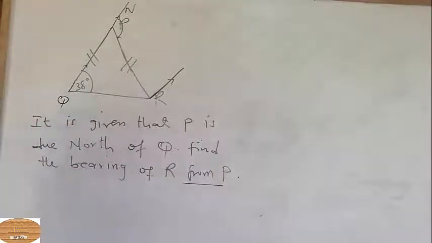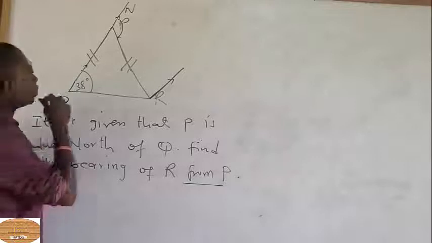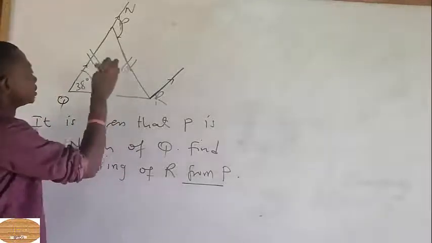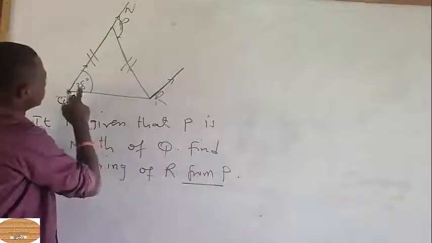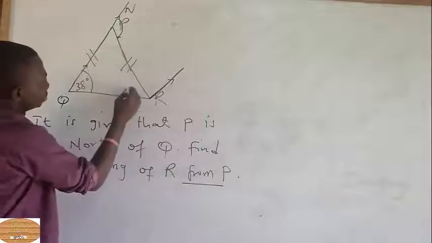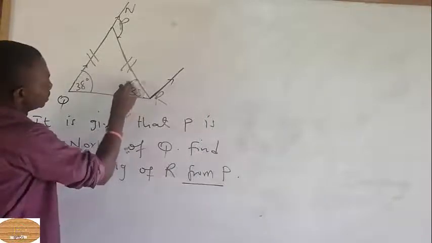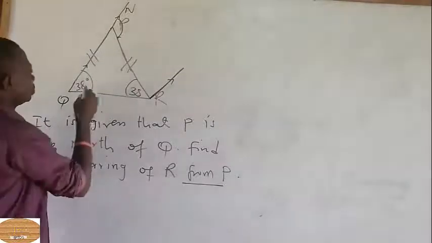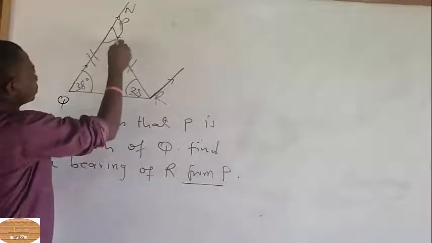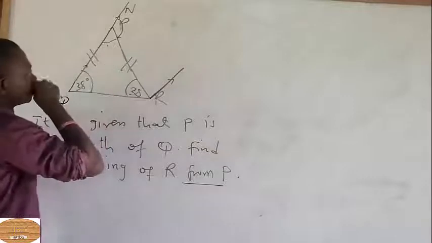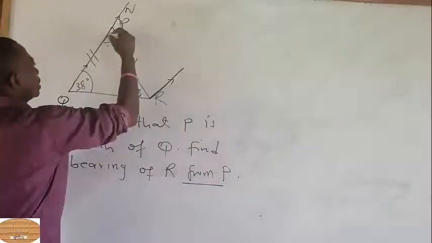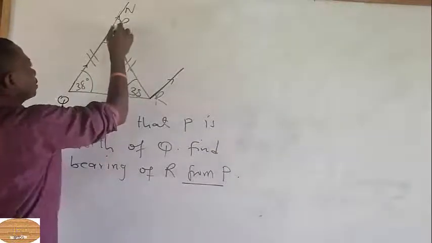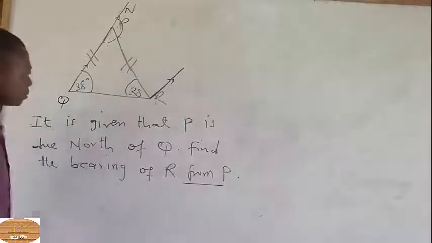Now, you know that this information, so we have 38 degrees. So we can use this information to find this side. Don't forget this one is a straight line. So if you know this side, you can know this side.